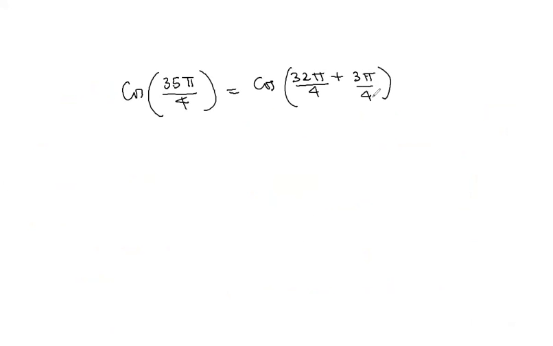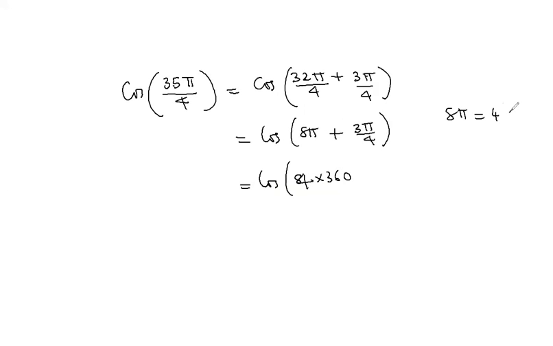This became cos of 8 pi plus 3 pi by 4. If I make it into degrees, 8 pi is 4 times 360 degrees, that is 4 into 2 pi. And this is 3 into 180 by 4.